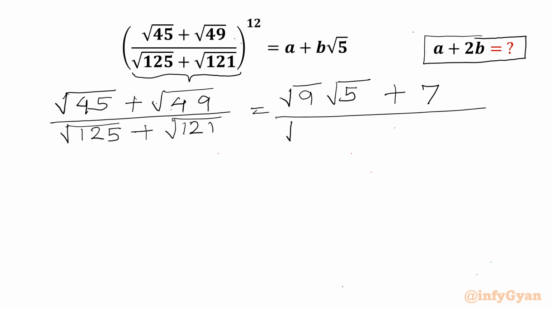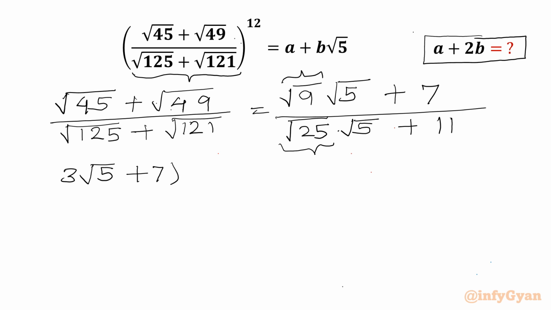We can factor 125 as 25 times 5. So root 25 times root 5 plus 11. Now square root 9 is 3, square root 25 is 5. So I can write 3 root 5 plus 7 over 5 root 5 plus 11.